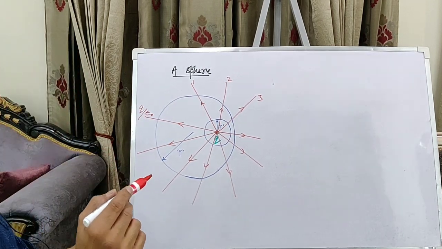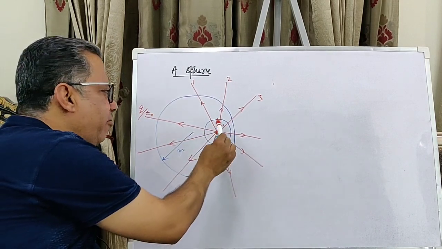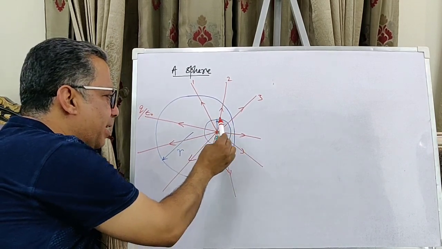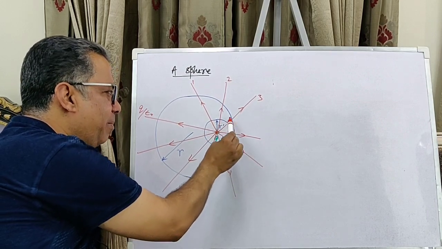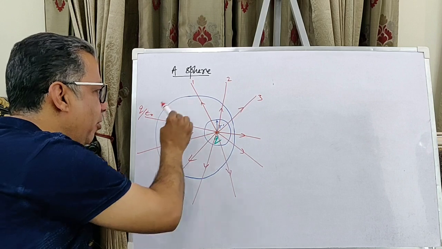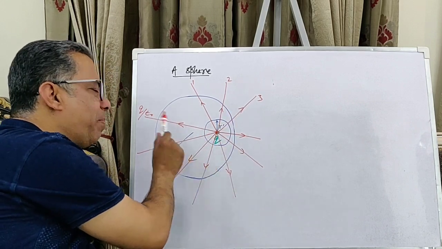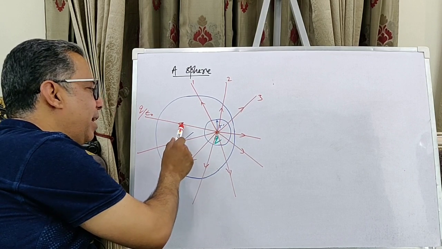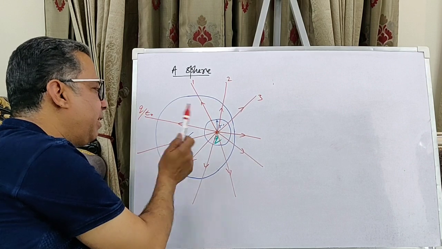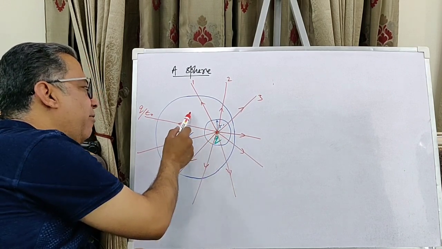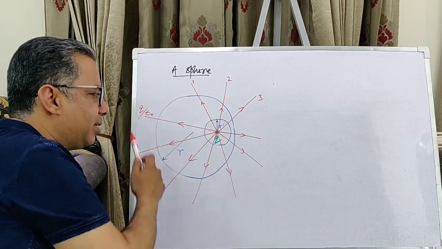Now we'll notice something interesting. Whatever be the number of lines of force that are coming out of the smaller sphere, the same number of lines are coming out of the larger sphere as well. None of these lines stop anywhere between this surface and this surface, nor do we have any new lines coming out anywhere from any of these points.